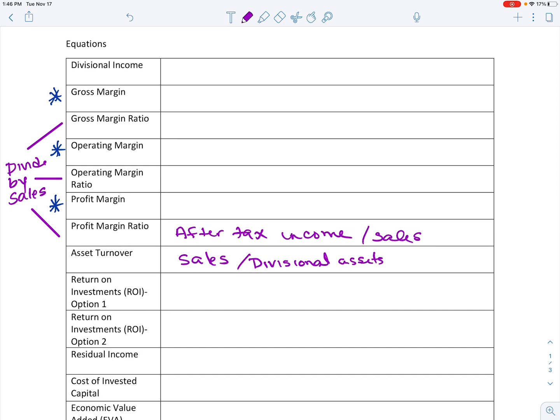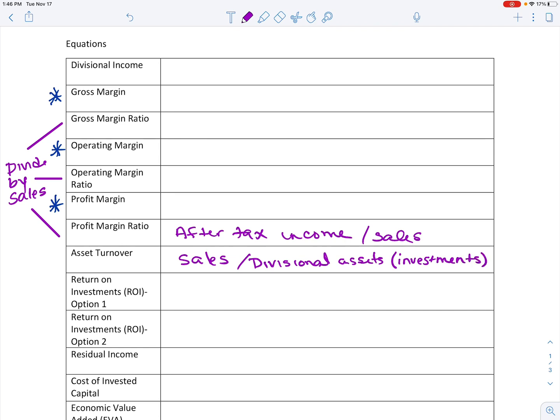And I want you to understand that that's okay, that sometimes we have to kind of broaden our minds a little bit and understand that when we're looking at divisional assets, sometimes that means investments.